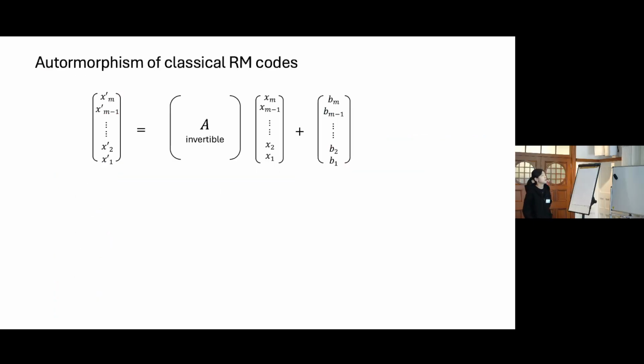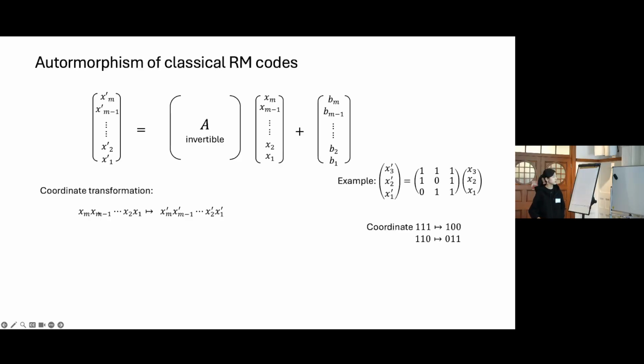OK, now we can get to code automorphism. So first of all, on the classical Reed-Muller code side, this is an automorphism of the code. Here, you interpret it in 2 ways. First of all, it is a permutation of the coordinates.